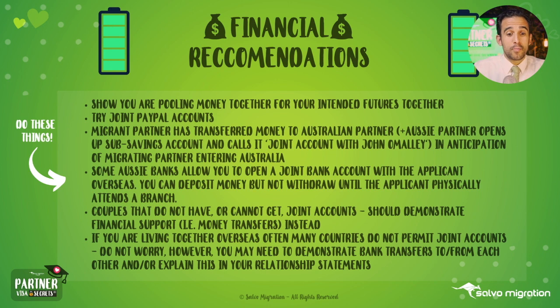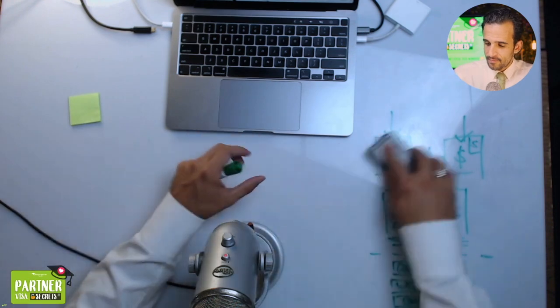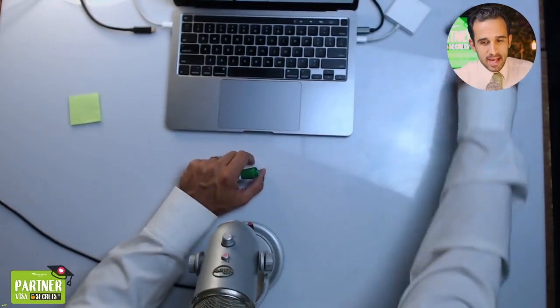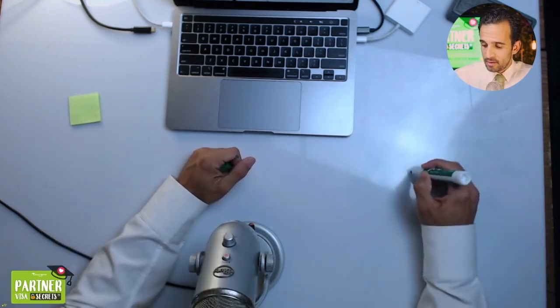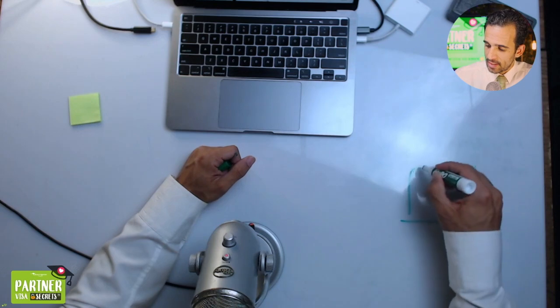The Aussie partner opens up a sub-savings account in their personal account and calls it joint account with John O'Malley. So that's an example name. So, in that scenario, they're not here yet. They're coming. You don't have a joint account yet, but the sponsor has their Australian account.